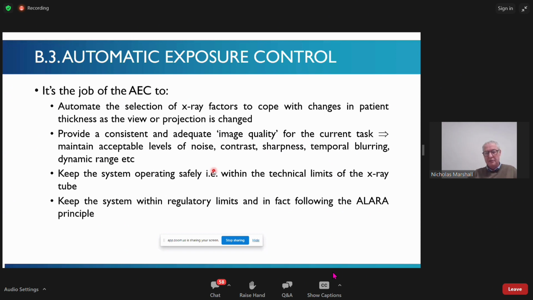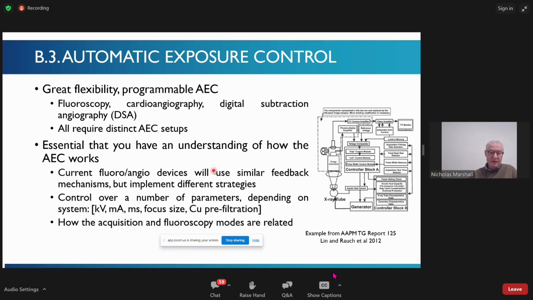They're very flexible, as Annalisa showed earlier on. These fluoro or dynamic systems can be used for a great range of tasks, and this AEC is programmed to switch parameters and settings for the different tasks. It can be doing fluoroscopy, some cardioangiography, DSA at a certain frame rate, and they all require different programming in terms of how the X-ray factors are selected as patient thickness changes.